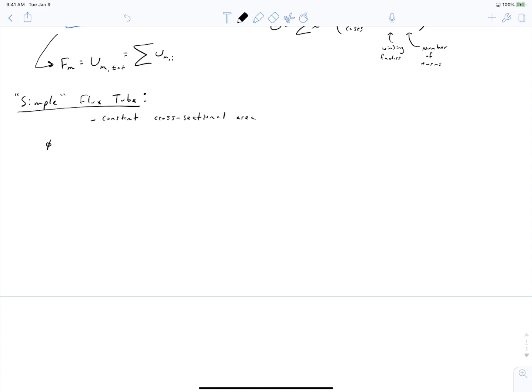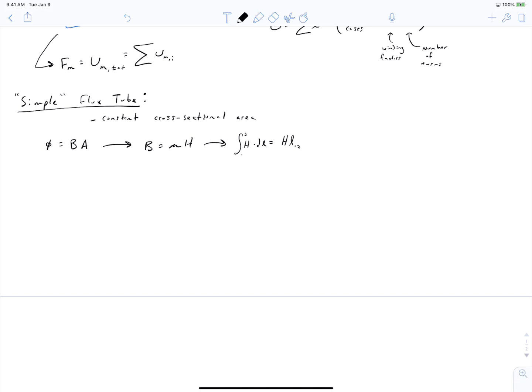And in this case, we can relate our flux tube flux as being equal to B times A at any location, because there's only a single cross-sectional area A, and so throughout the flux tube, we can always find B by dividing phi by A. And we know that B is equal to mu times H, and we know that the integral of H dot dl is equal to H times the length of our flux tube.